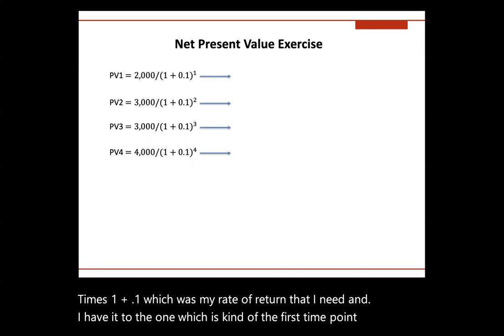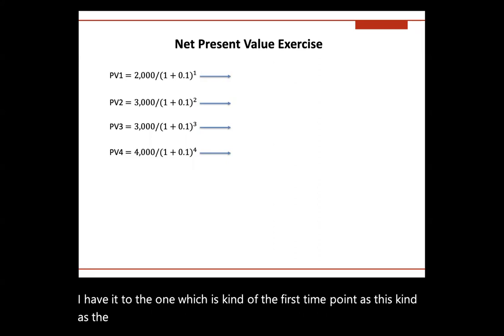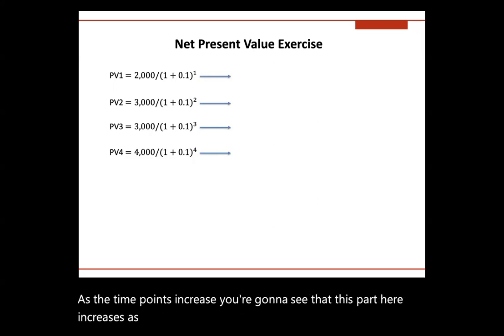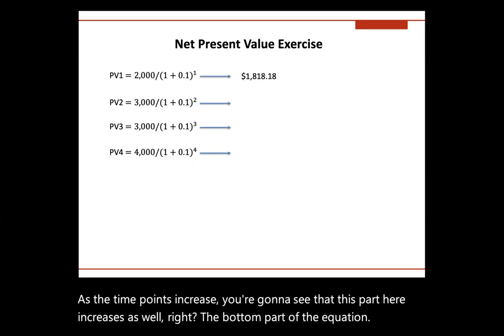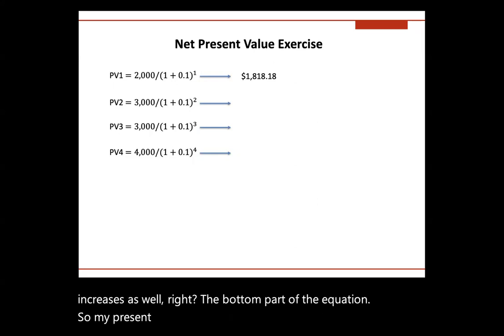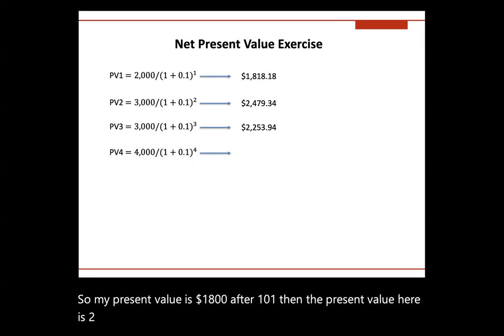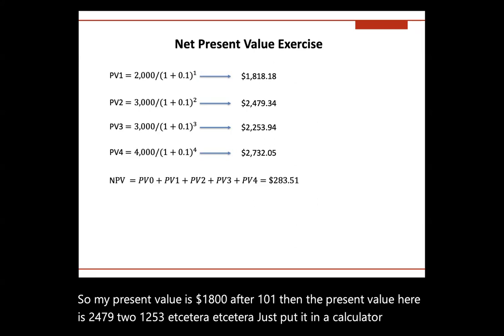As the time points increase, you're going to see that this part increases as well, the bottom part of the equation. So my present value is $1,800 after time point 1. Then the present value here is 2,479, 2,253, etc. Just put it in a calculator, and you add these together.